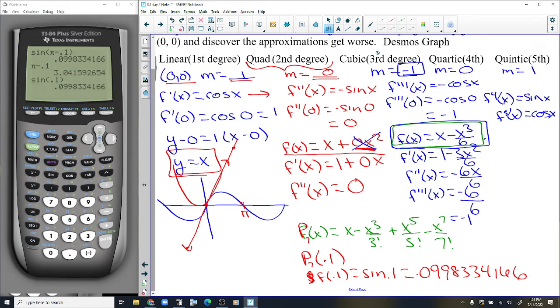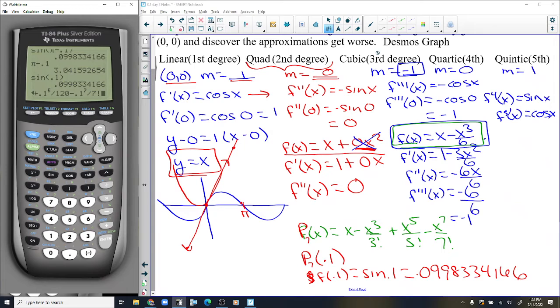Now let's go 0.1 minus 0.1 to the third divided by 6 plus 0.1 to the fifth divided by 120 minus 0.1 to the 7th, and I don't know what 7 factorial is, divided by 7 factorial. All right, here we go.